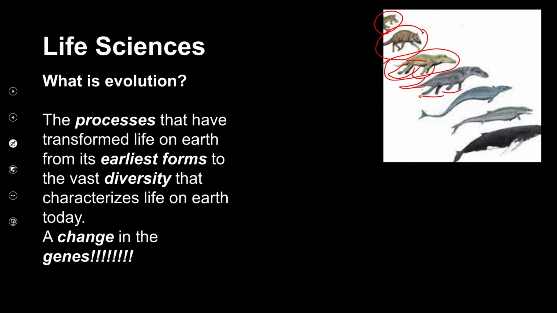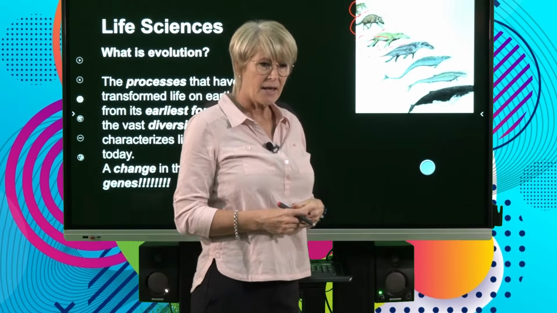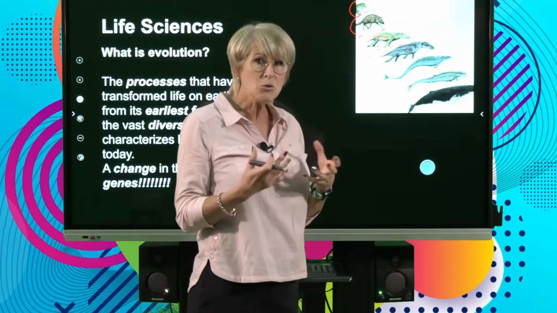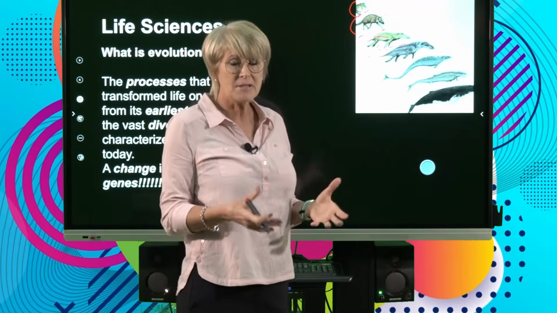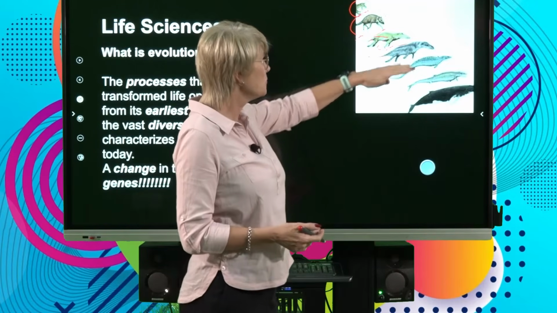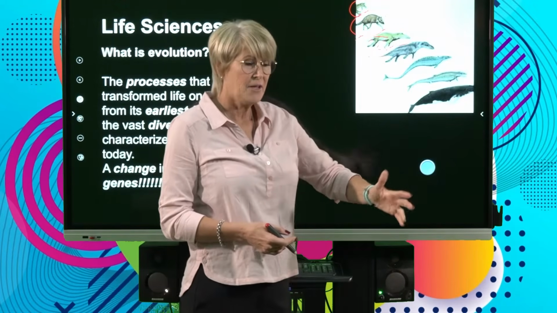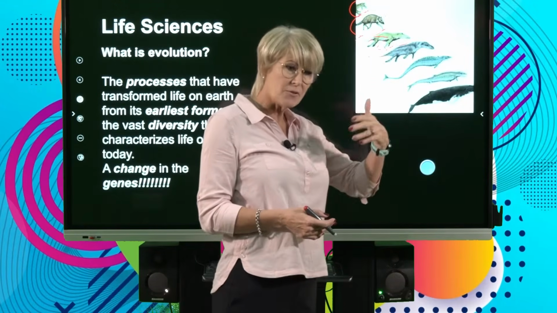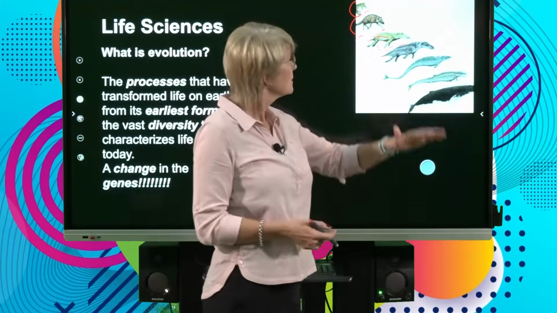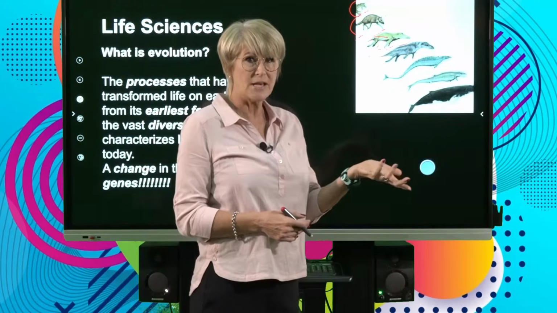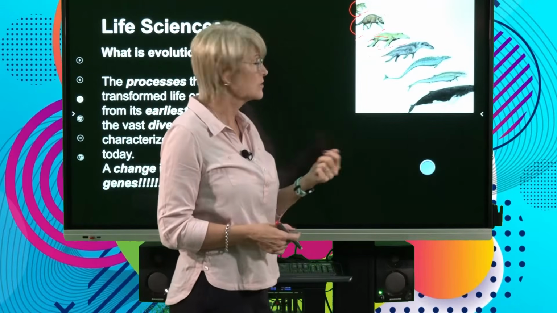So when a mutation occurs and that mutation happens to make the organism more suited to the environment that it finds itself in, then that would be selected to survive. So that organism will survive, and when it survives, it's able to reproduce and pass on the genes of that mutation or changed characteristic.